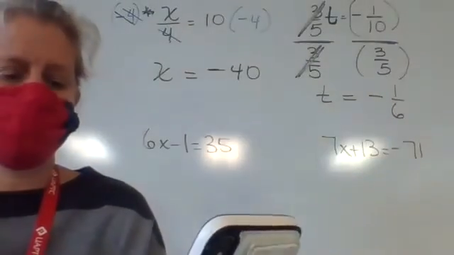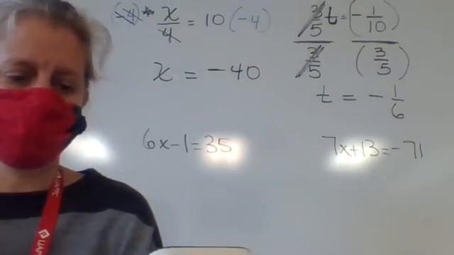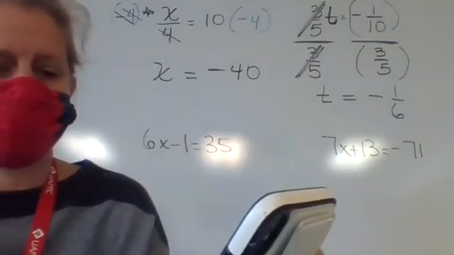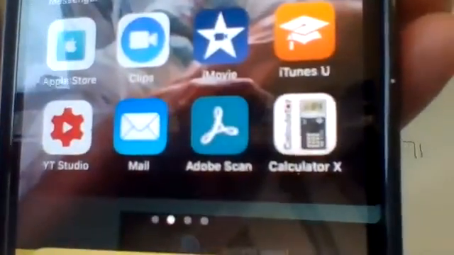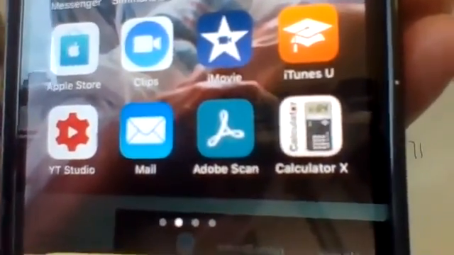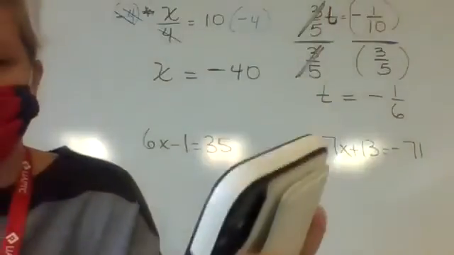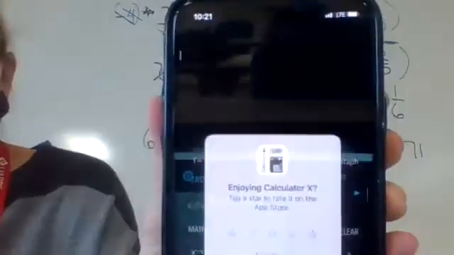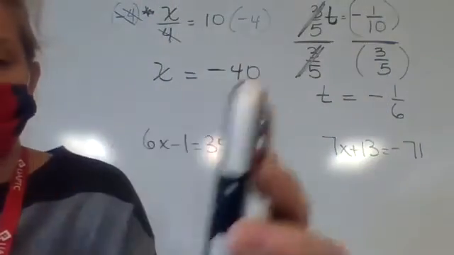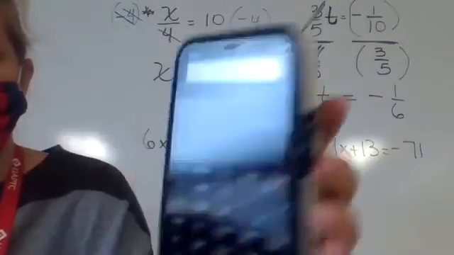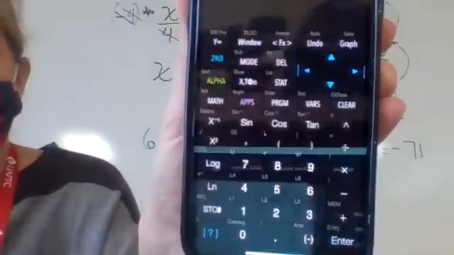Okay. Right here. Why do I keep doing that? That bottom app, Calculator X. When I open it, look, it's a TI-84 calculator.